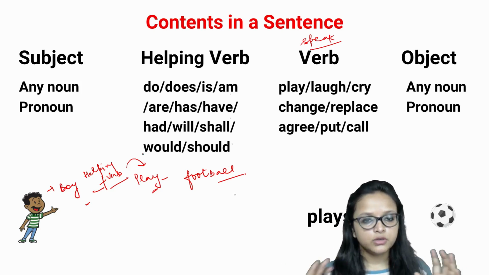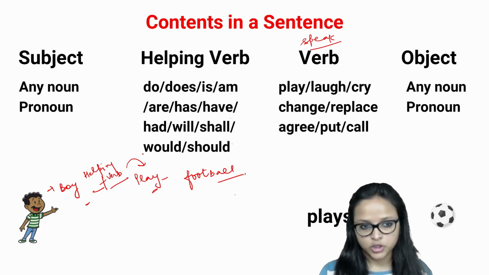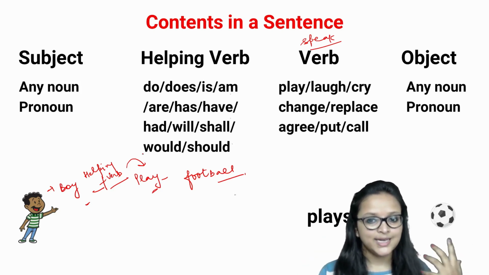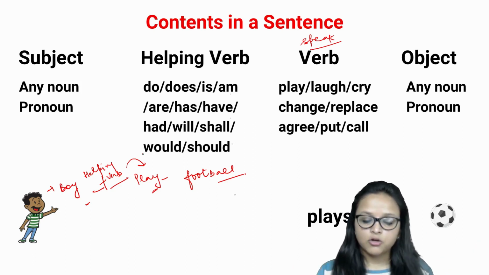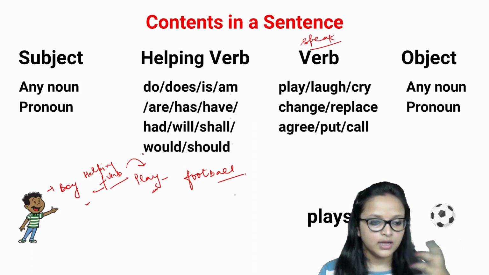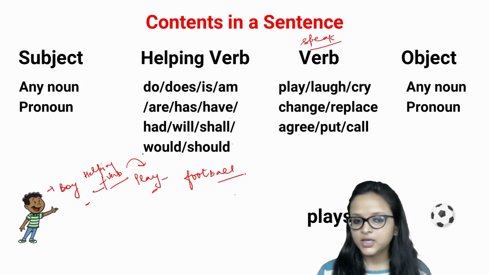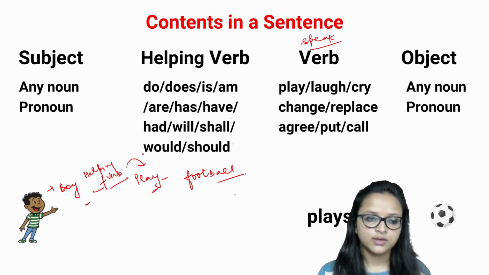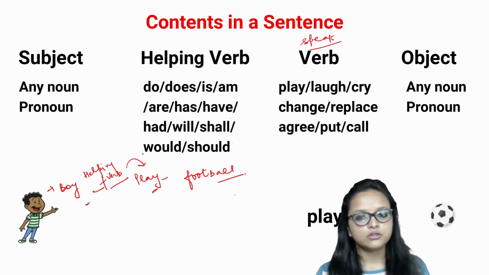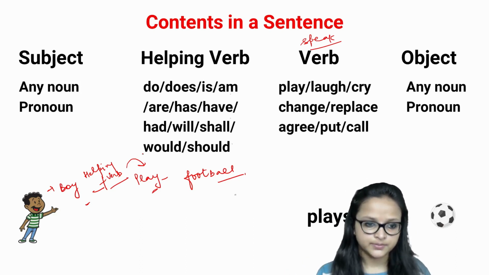Okay, so for framing a sentence, for writing a sentence, you need a subject, you need a verb, you need helping verbs, but object is optional. If I say I sing, I am the subject, sing is verb, but I did not use any object here. If I say I sing a song, then a song is my object.